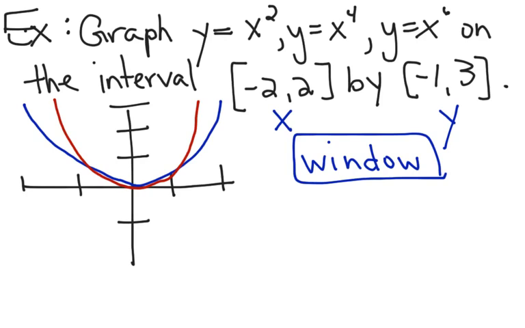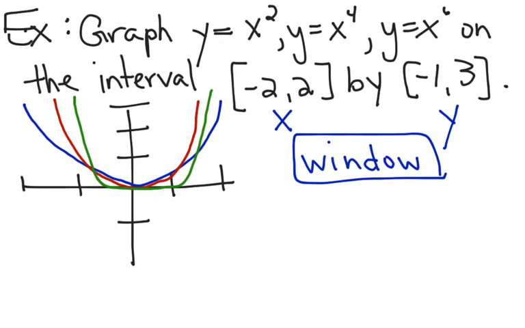And then y equals x to the sixth looks more like this when you graph it. And what you see happening is that the bottom of the graph, as the exponent gets larger, flattens out a little bit, and y equals x squared was wider on this interval than the other two.